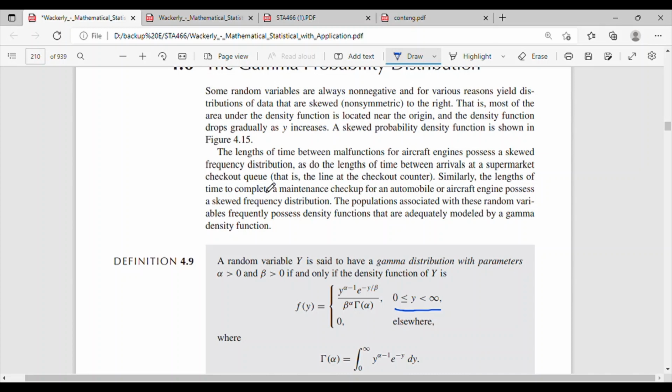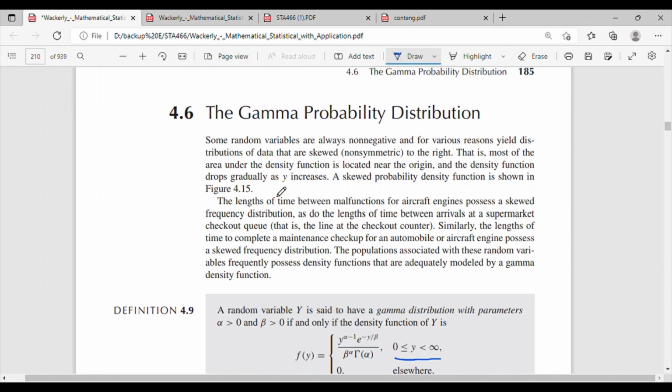For example, the length of time between malfunctions for an aircraft engine possesses a skewed frequency distribution. Length of time cannot be negative, so that is an example of a situation where we can use the gamma distribution.